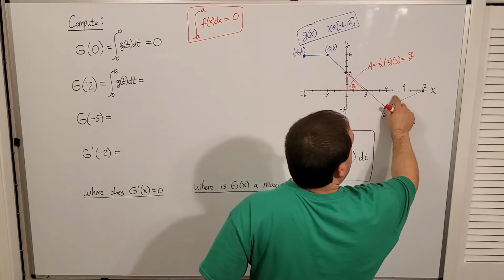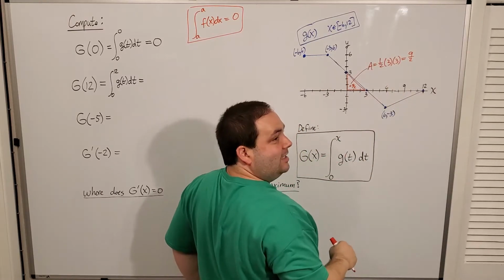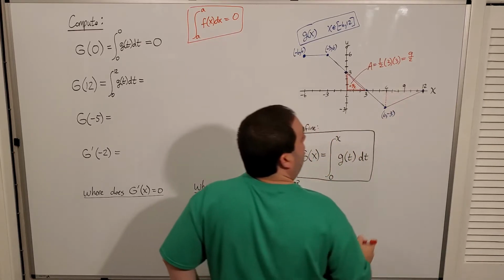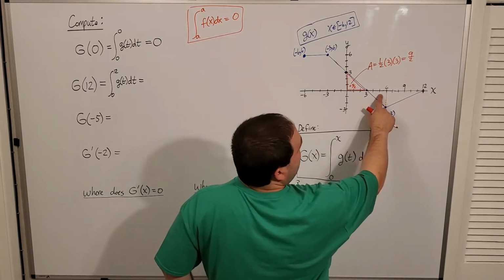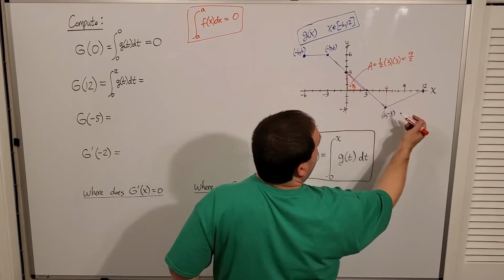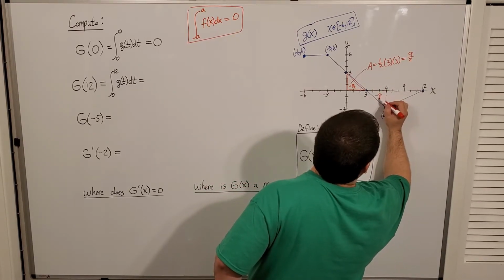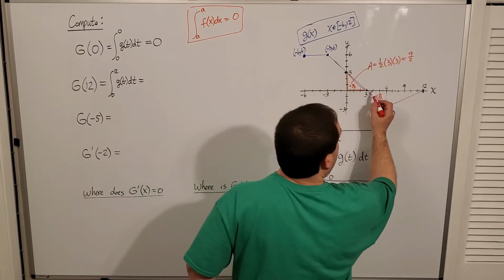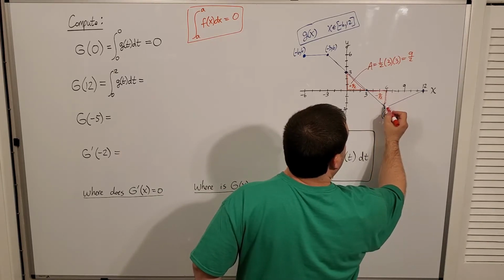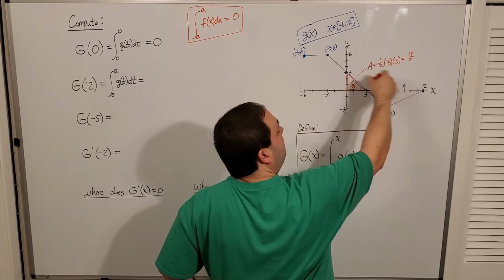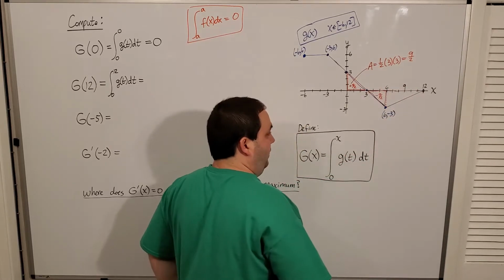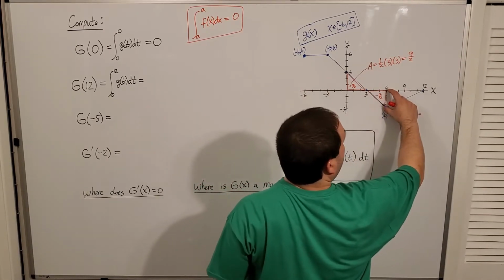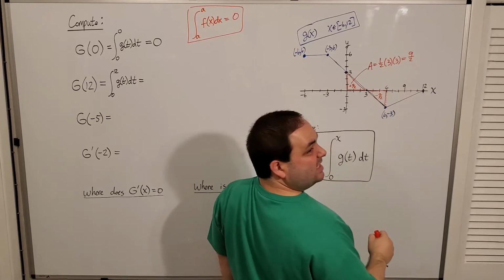Next, I've got this region, but it's below the axis, right? And I'm going to split it into two triangles here. This is a 3 by 3 triangle again. So this is minus 9/2 for the same reason that that's plus 9/2, right? Because it has a base of 3 and a height of 3 again, but it's below the axis. On the other side, I have a height of 3 and a base of 6.